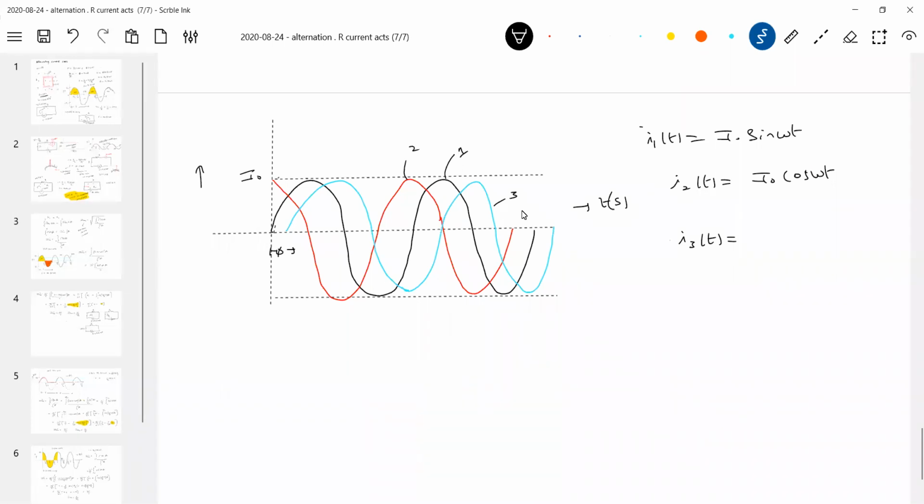If you extend back this one, at t equals 0, it is negative here, no? So when you substitute t equals 0 in the function, you should get some negative finite value. So this particular thing is what we'll call some phase difference.